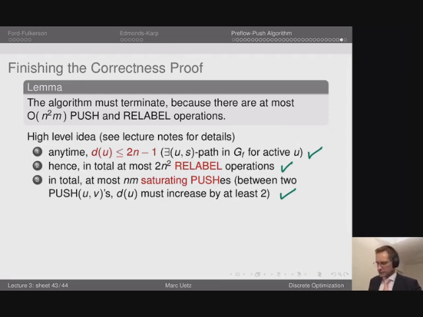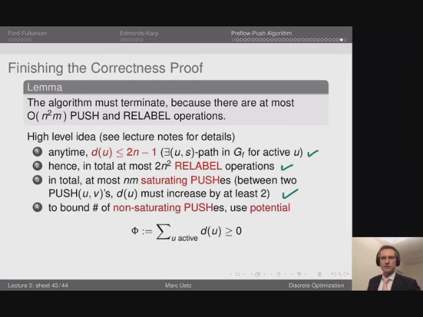We define a function phi, which is called a potential function, and it's the sum of all active nodes u, where I just take the label of that node u. And I look at the development of this function phi in the course of the algorithm. This whole sum could go up and down in the course of the algorithm, depending on the labels of the nodes u and depending on which nodes are actually active and which are not.